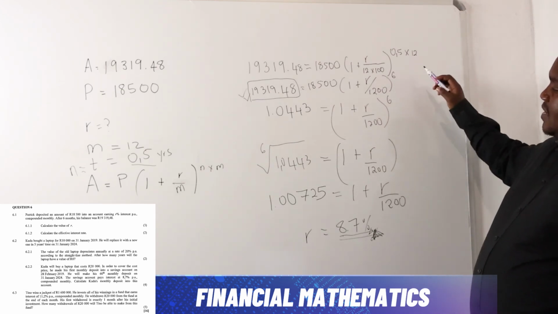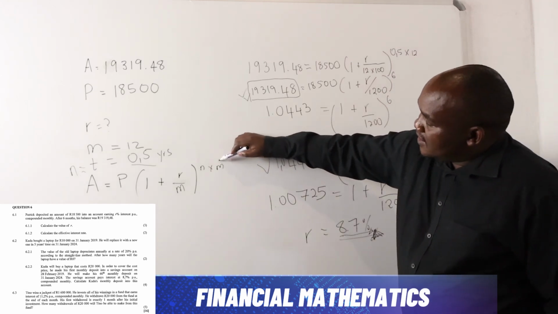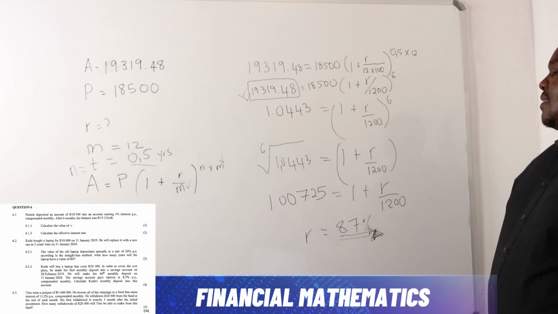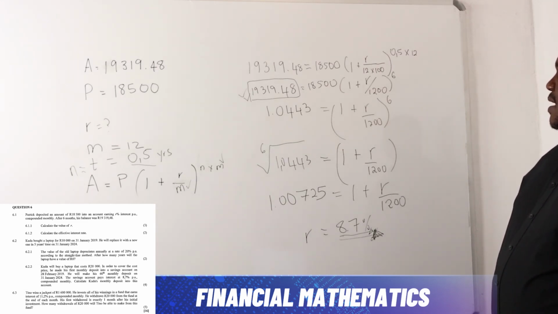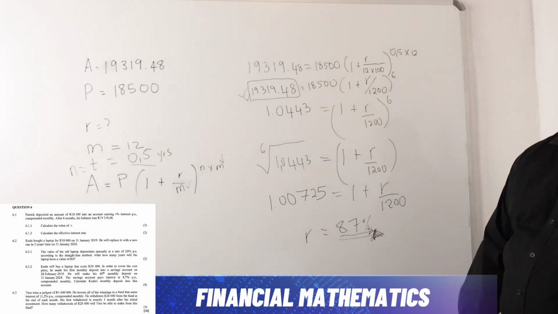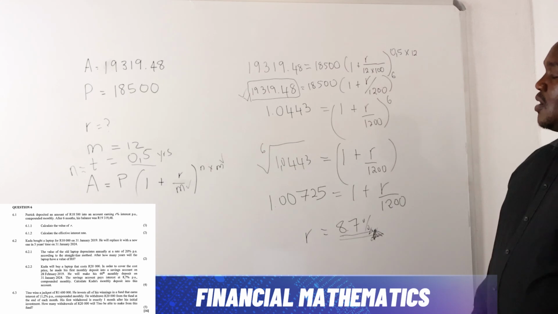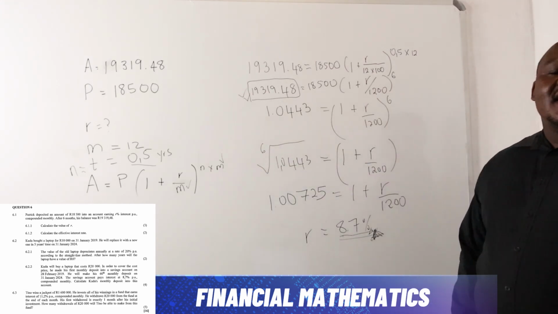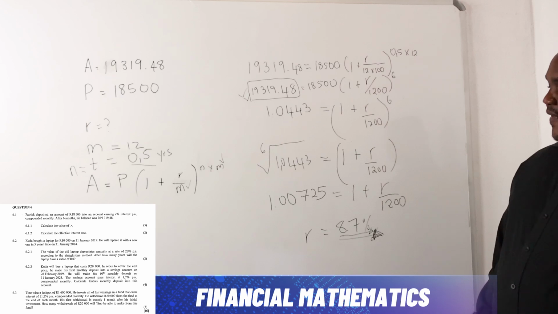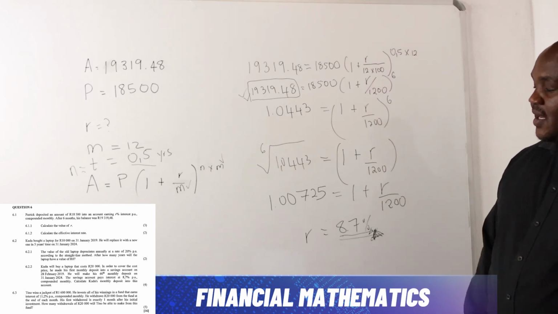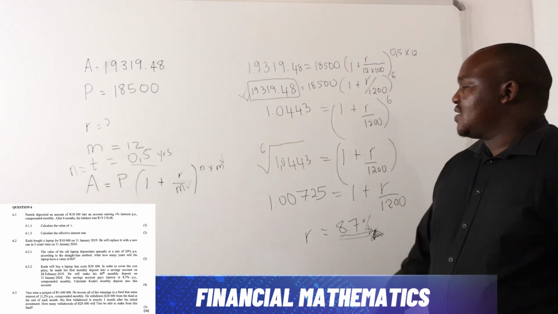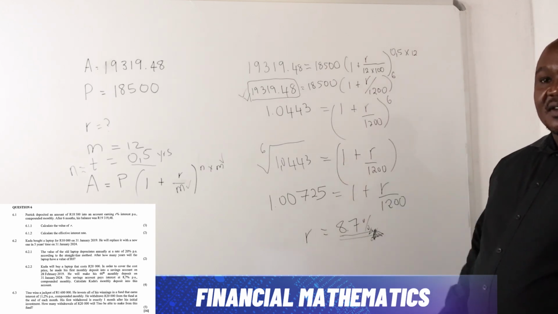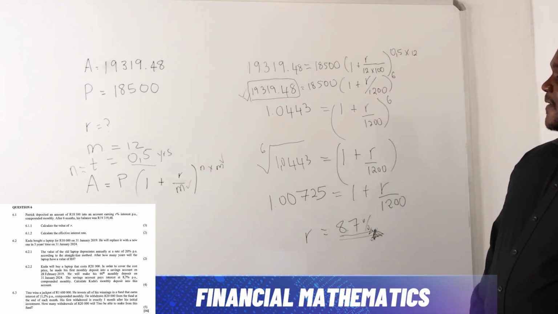But the most important thing is to remember these two things. The conversion multiple: if it's monthly, it's going to be 12. If it's daily, it's going to be 365. If it's weekly, it's going to be 4 times 12, which is around 48.